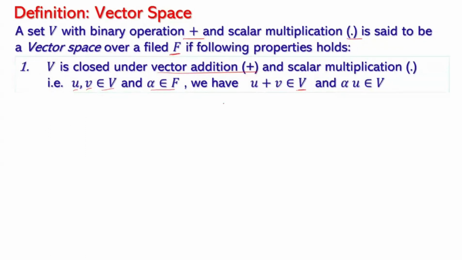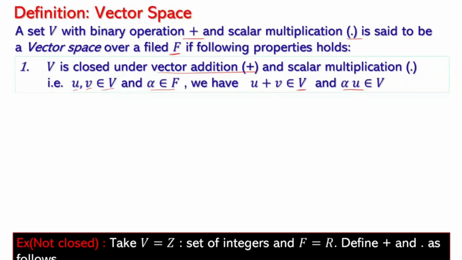And if you multiply alpha with u, then alpha u belongs to V. So this is called the closure property of the space V.